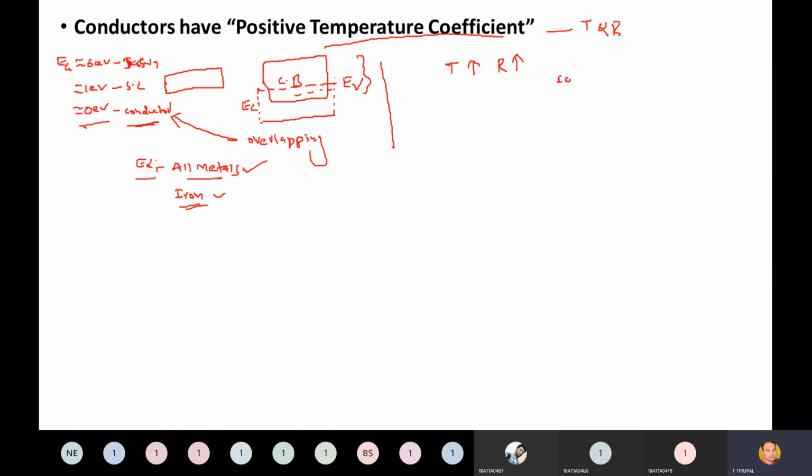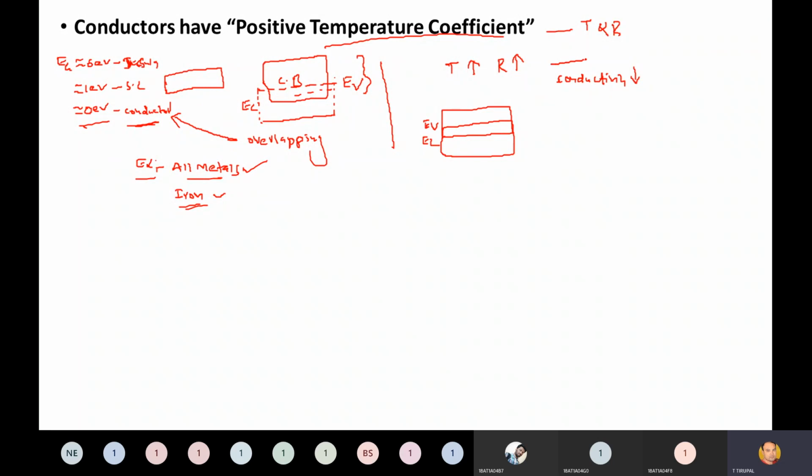Conductivity decreases. One important point here: the conduction band and valence band are overlapped. This is EC and this one is EV, overlapped.